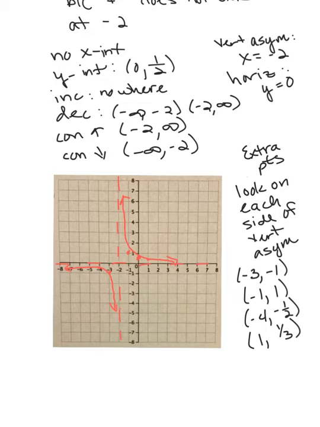Notice how the function is always decreasing on both pieces, like we said it should, and that it is concave up from negative 2 to infinity, and it is concave down from negative infinity to negative 2. So it does match the characteristics that we came up with.